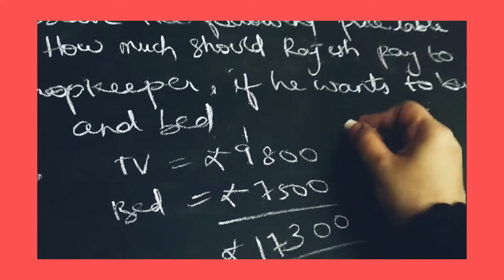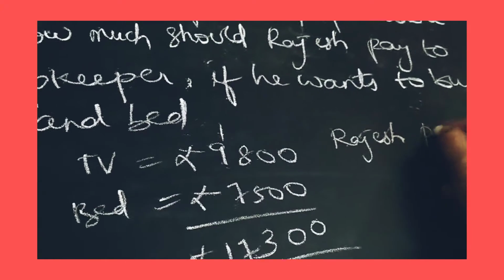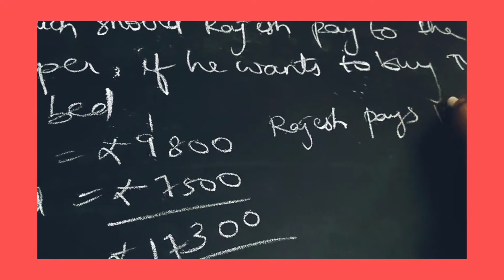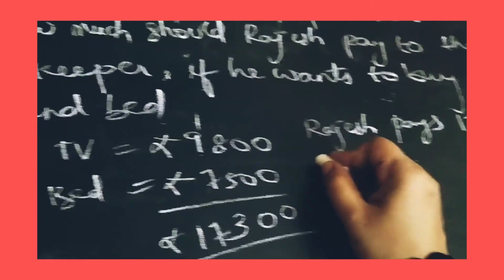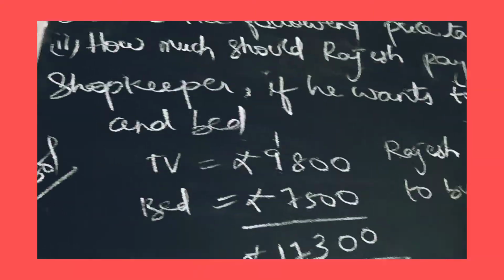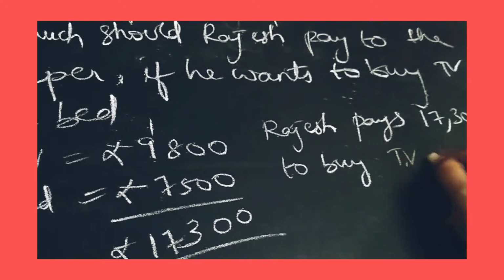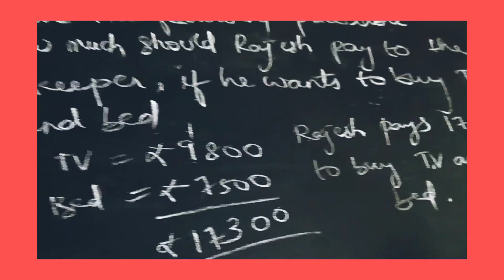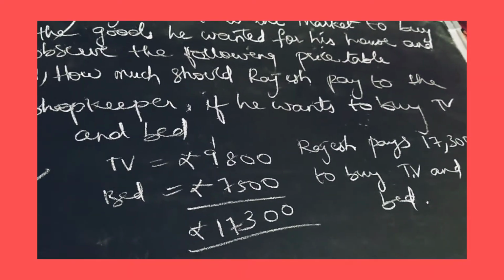Rajesh pays 17,300 to buy TV and bed. Okay, so this is how you have to do.